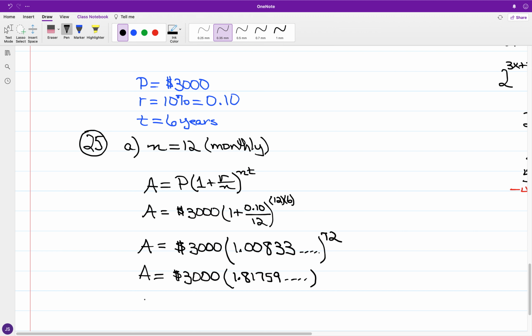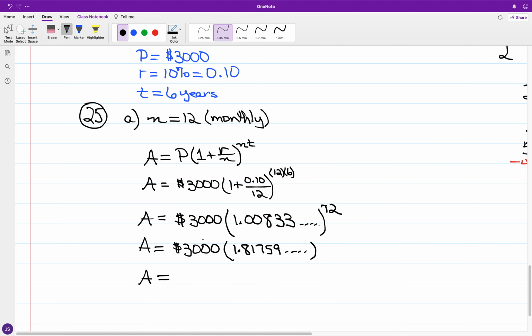If you keep that display and multiply by $3,000, the future value will come in around $5,452.78.